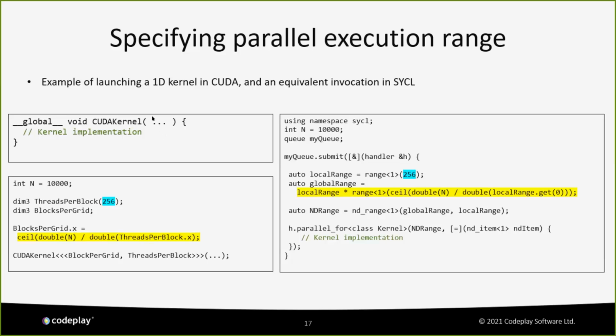So this is an example of launching a 1D kernel in CUDA and an equivalent example in SYCL. You can see on the left we have the standard CUDA way to do this. We define threads per block and then calculate blocks per grid based on the size of our data.